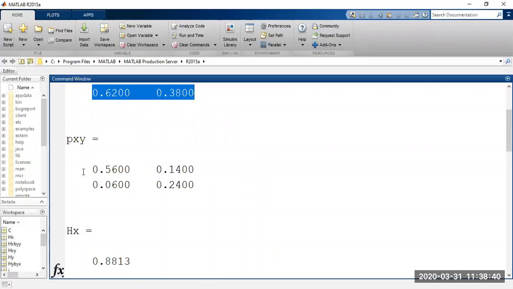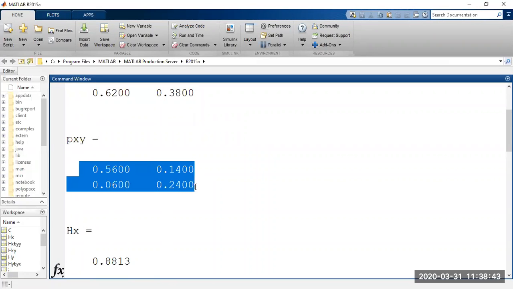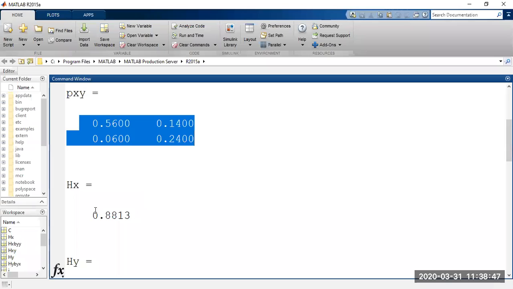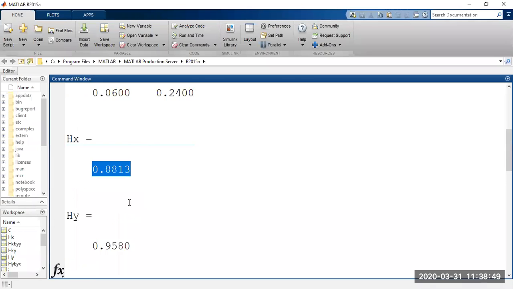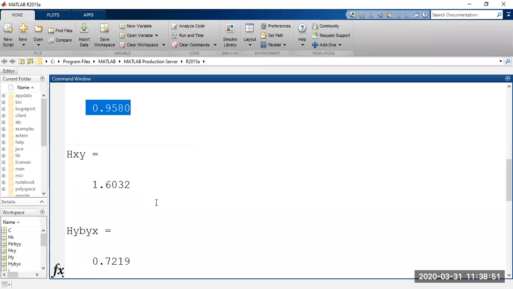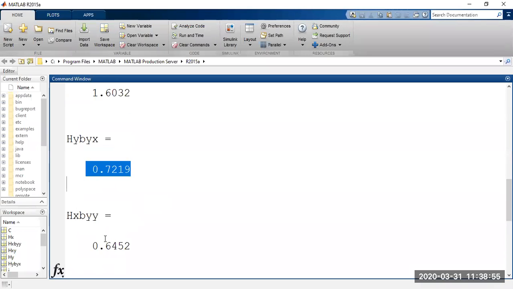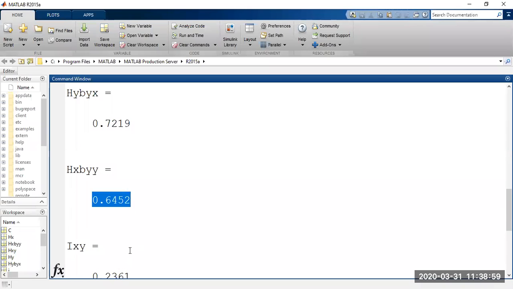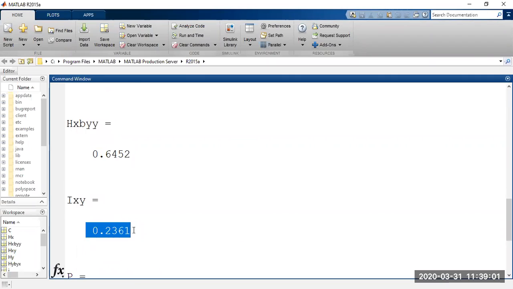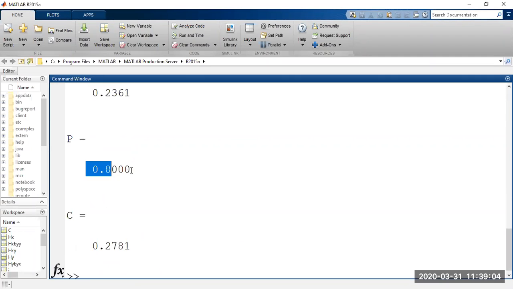P of XY is 0.56, 0.14, then 0.06, 0.24. H of X is 0.88, then H of Y is 0.95, H of X comma Y is 1.6, 0.72, then H of X by Y is 0.64, then mutual information is 0.23.